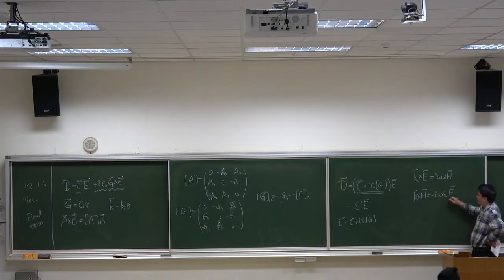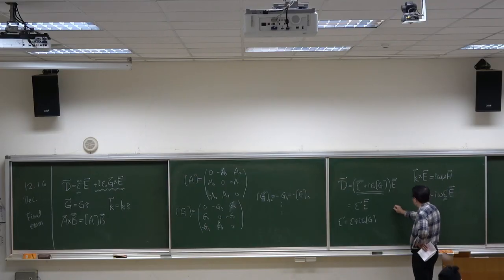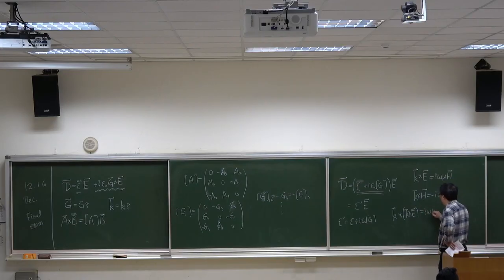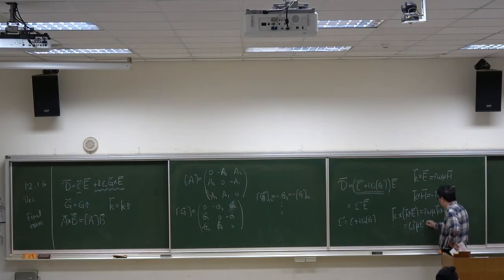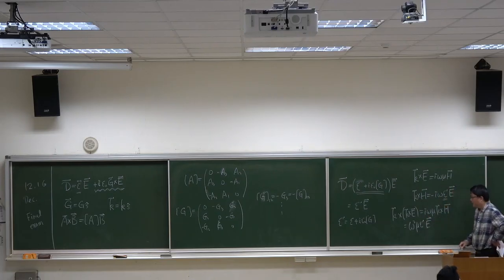Now we replace epsilon by epsilon prime. Okay? Then this tells us that K cross E is equal to i omega mu K cross H, and this is omega squared mu epsilon prime times E. Okay?